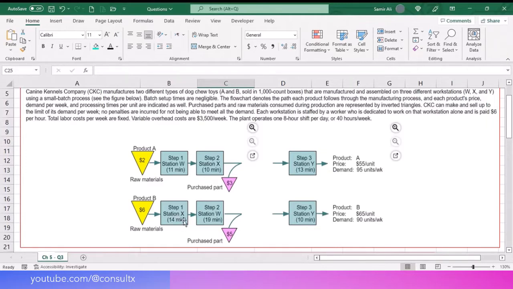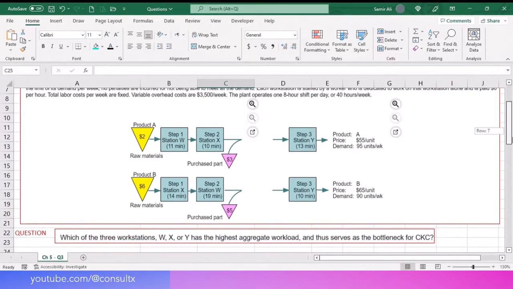After step 1, it goes to step 2, which is station W. It takes 19 minutes. And after that, a $5 purchase part is added. Then it goes to step 3, which is station Y, and that station takes 10 minutes to complete. Some information about product B: the selling price is $65 per unit and its demand is 90 units per week.